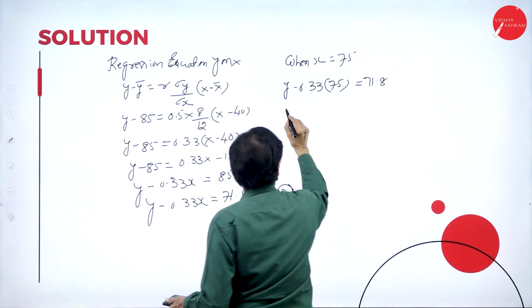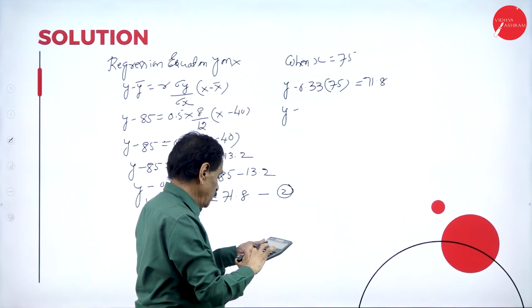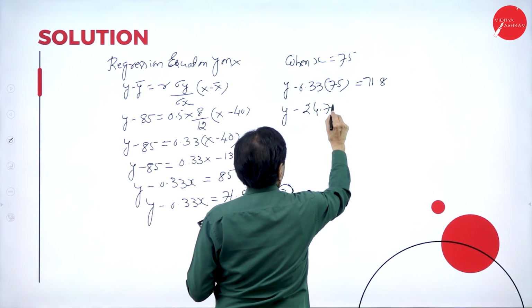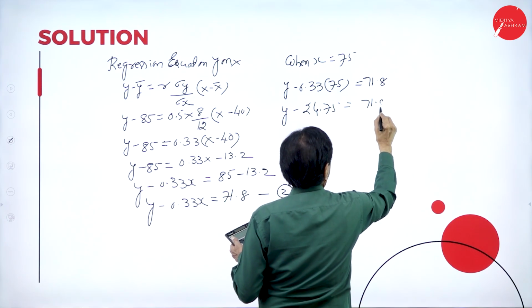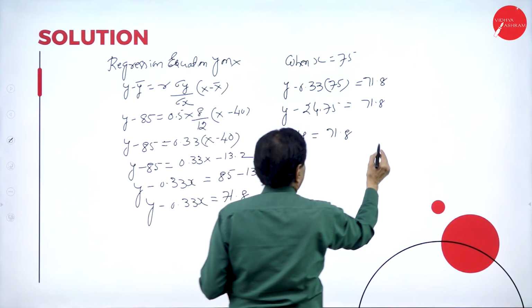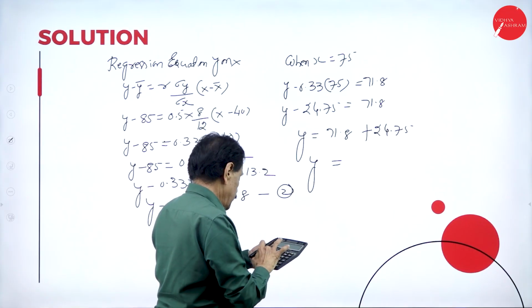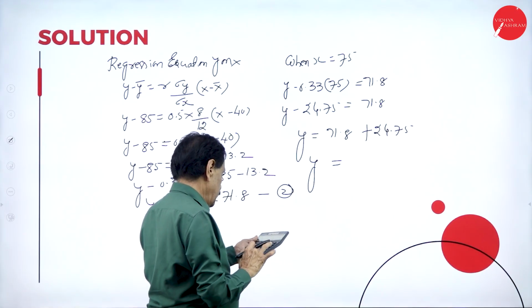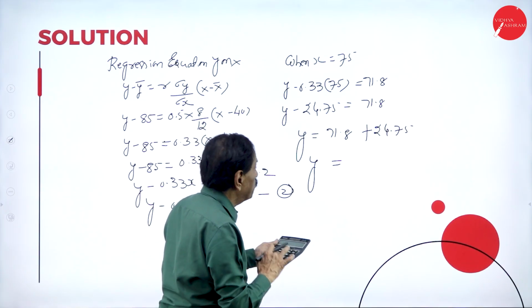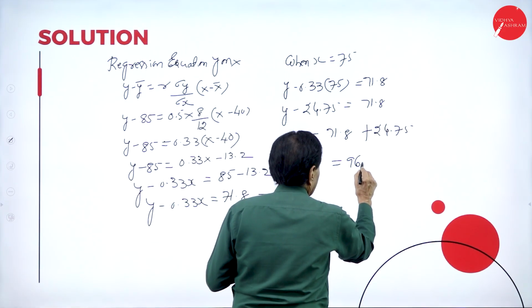So y is equal to 71.8, you take this number 24.75, so y is equal to 71.8 plus 24.75, which is 96.55.